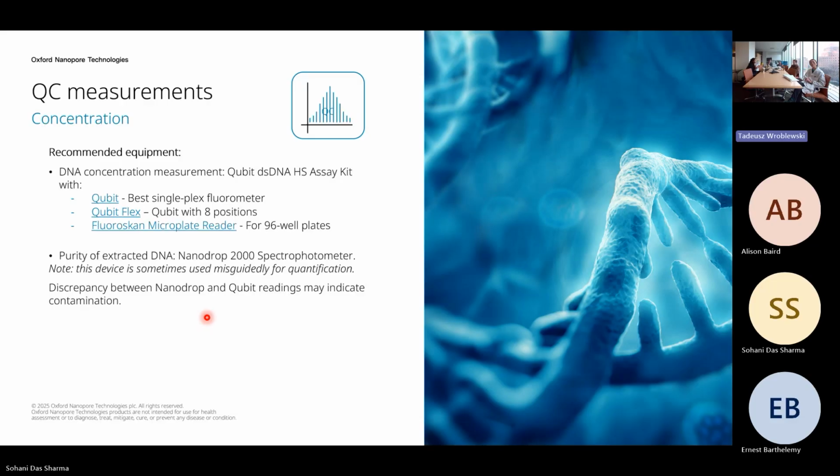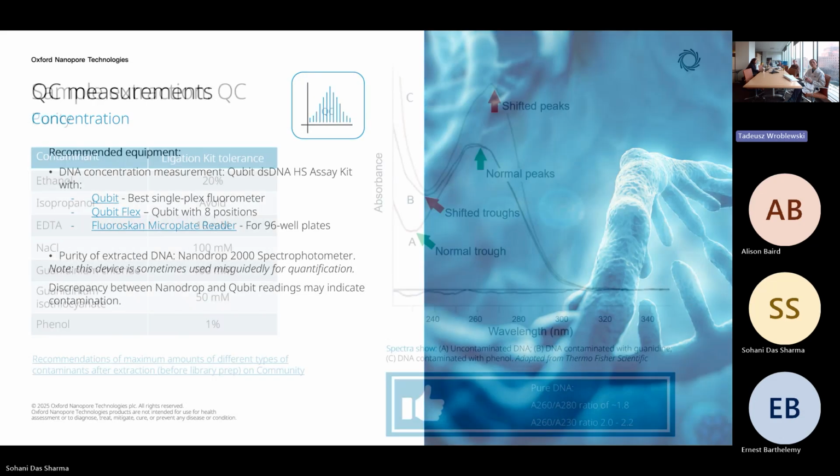So for quantification, any fluorescence-based method is more accurate and more sensitive. A double-stranded DNA kit is recommended for most samples.